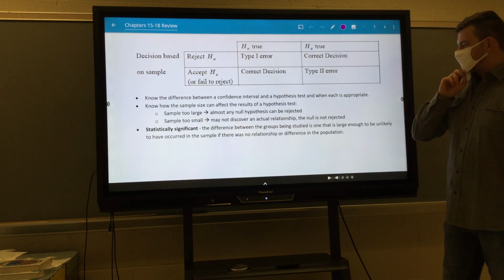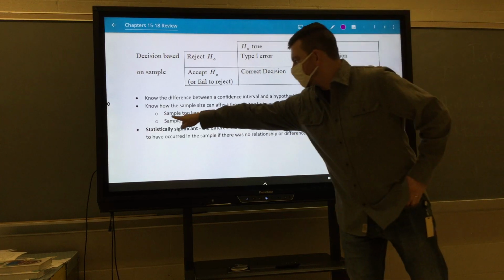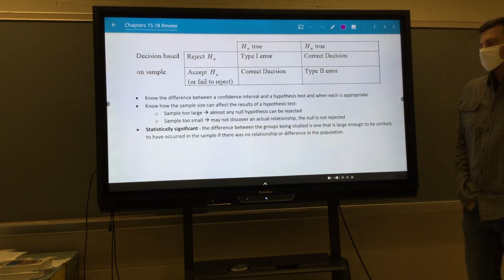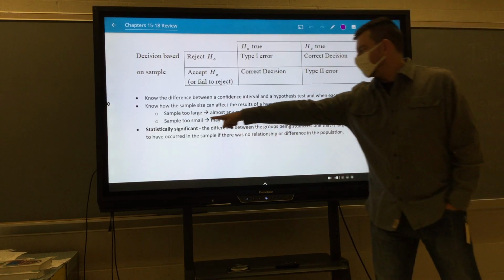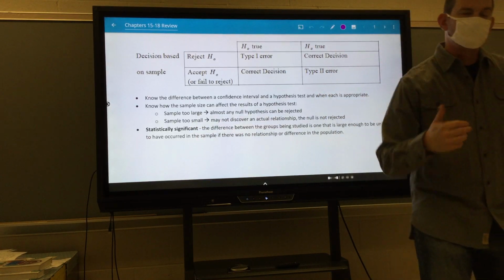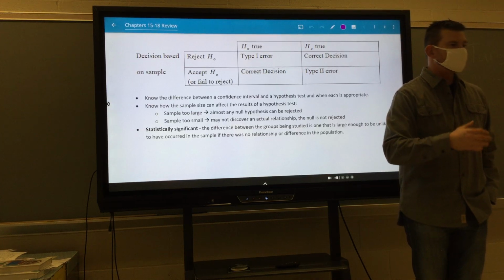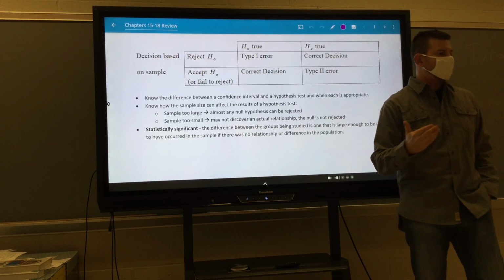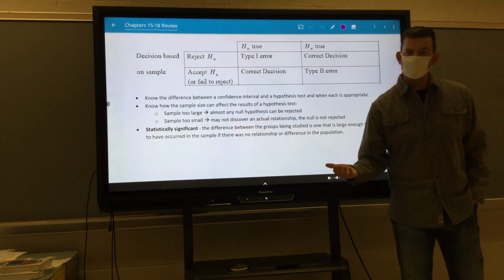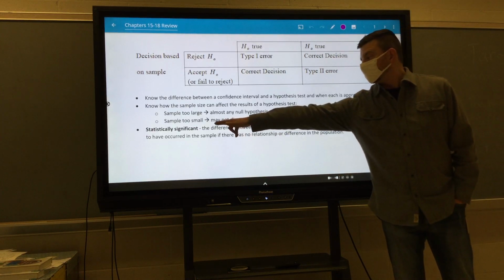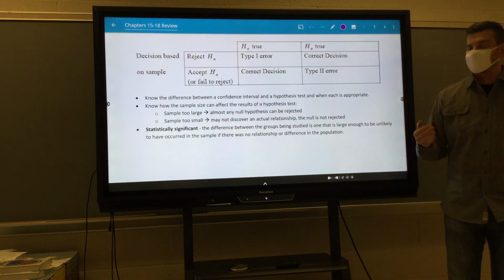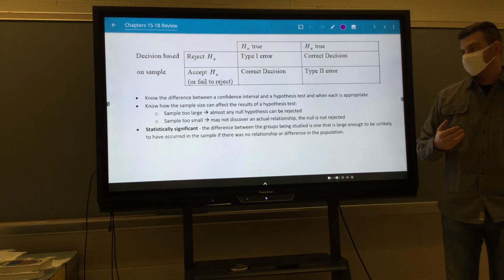We've spoken about statistical significance. These two bullets right here. Clearly we know that a sample size that's too small is a problem. Any results that you see may not be actually what's happening in the population as a whole. But there's a chance that your test may not come back as statistically significant if your sample size is too small.